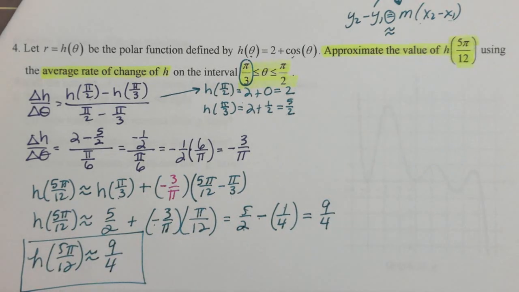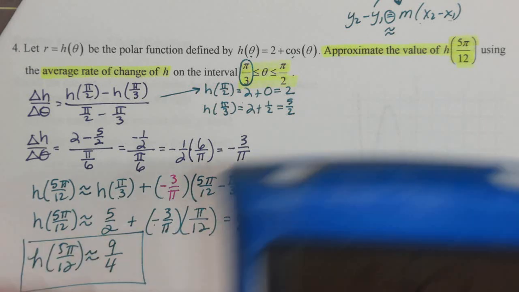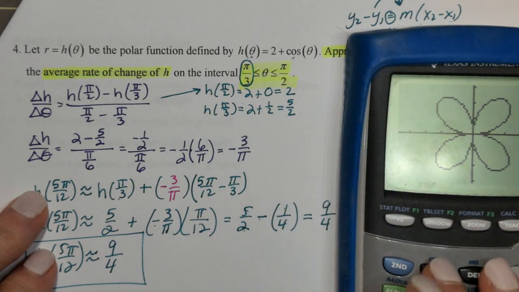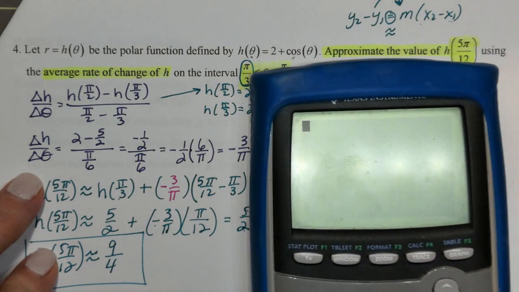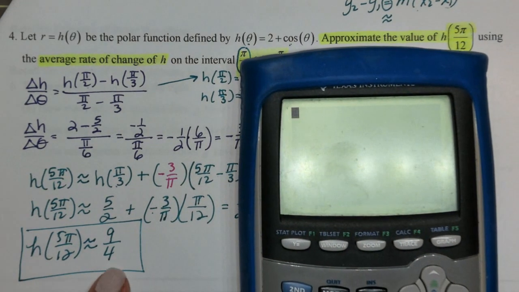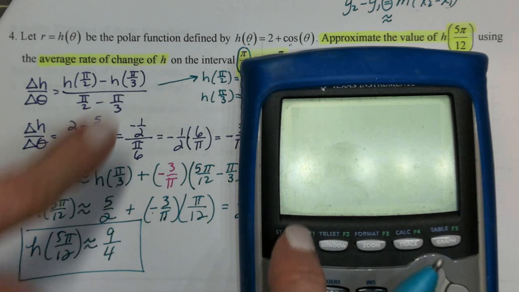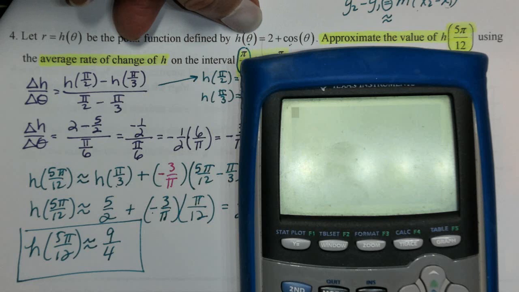I'm going to pull out my calculator because I want you to see something. I know the approximated value that we got, 9 over 4. What's the actual if we put 5 pi over 12 in place of theta?